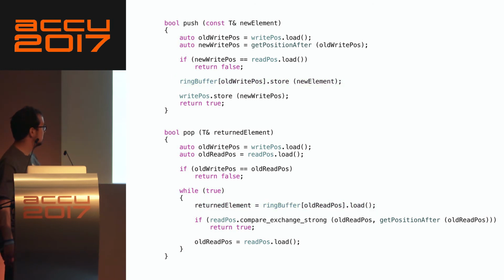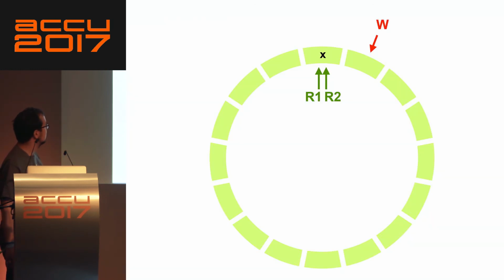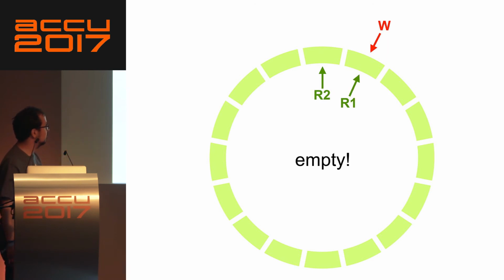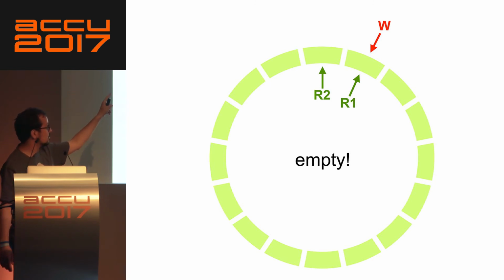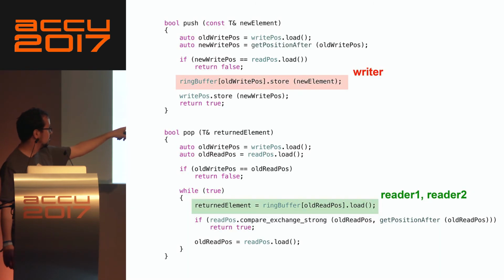And the case here, what can happen is that if you're in this situation, for example, where you have one item left and both readers try to read it, and then obviously one of them finishes first, and then the queue is empty. But then the second reader is still trying to read it, right? So both readers are in the green line of code here, and then one reader succeeds and the other reader is still there.